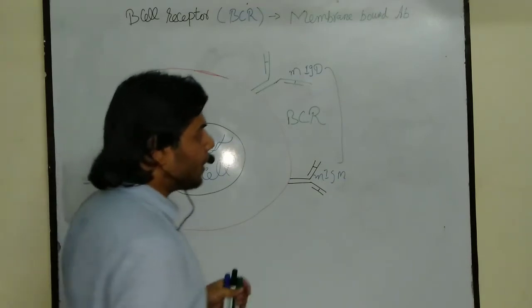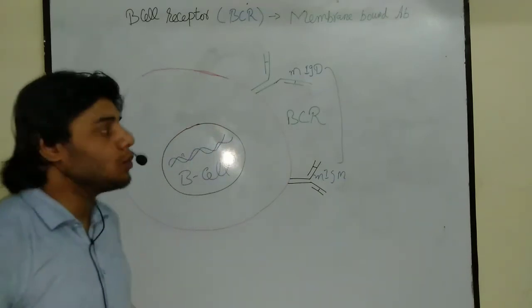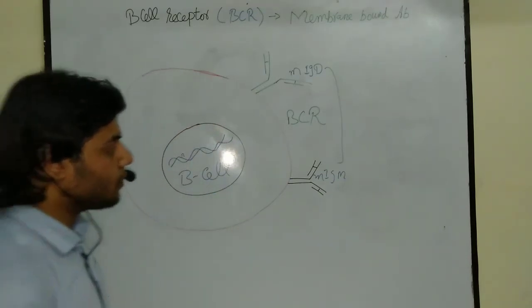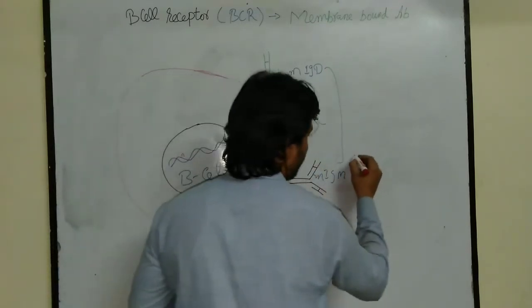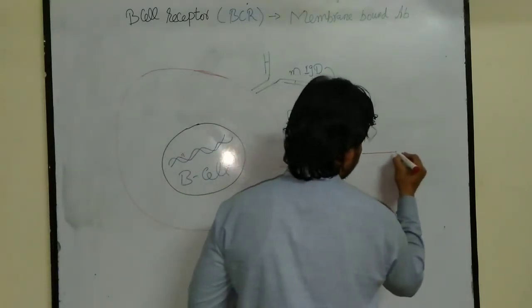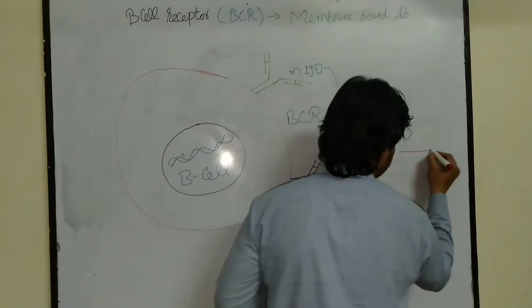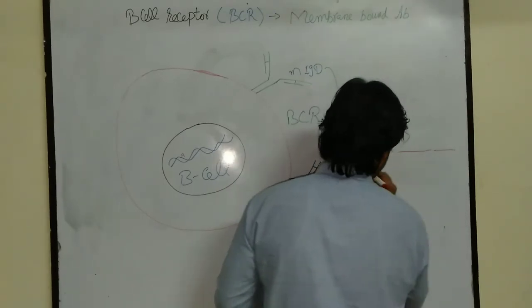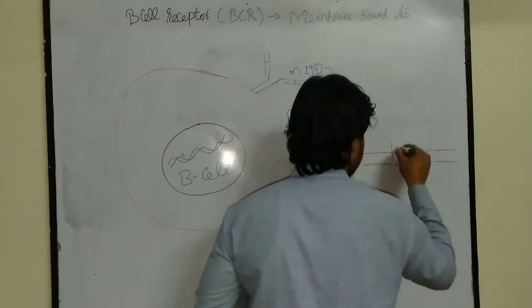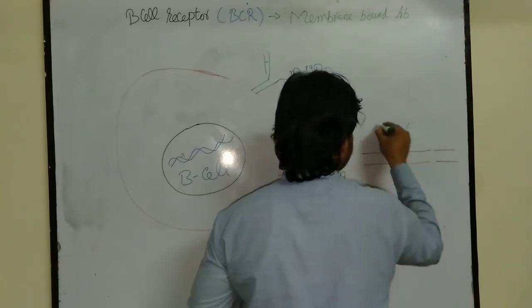Now there are some other receptor molecules which are also present with this B cell. Let's suppose I draw this B cell here, and this is the surface of the B cell. Let's suppose this is the B cell receptor.